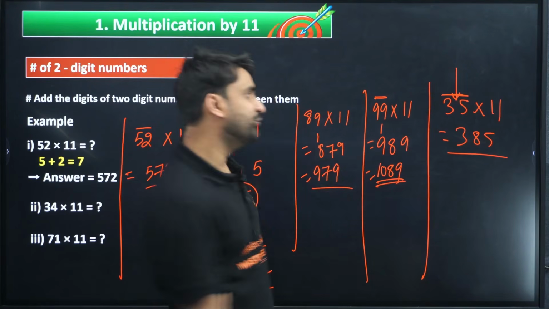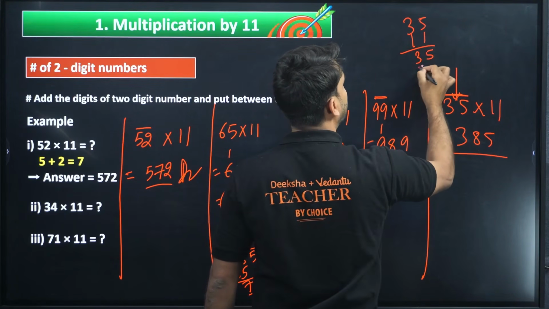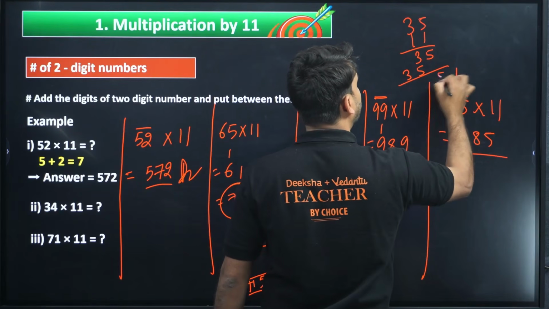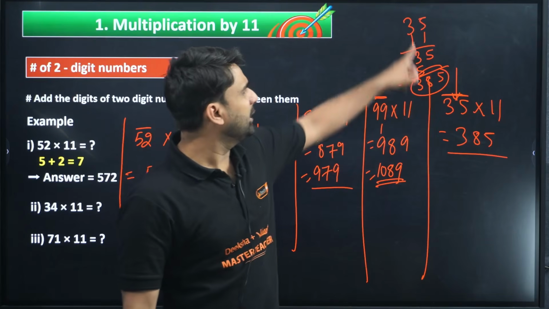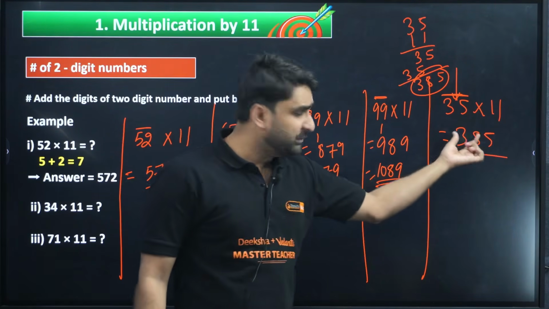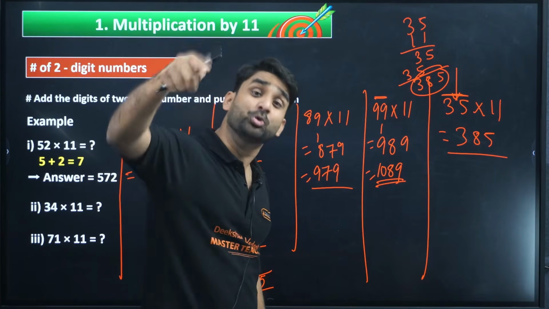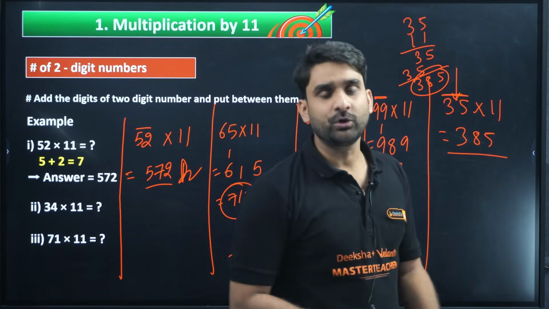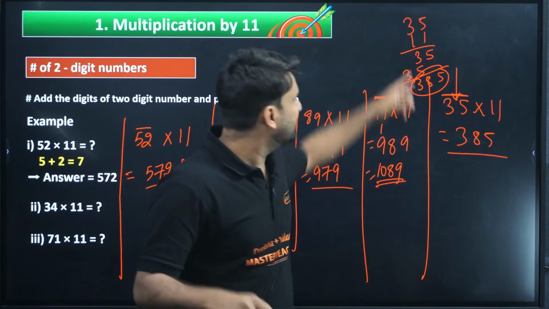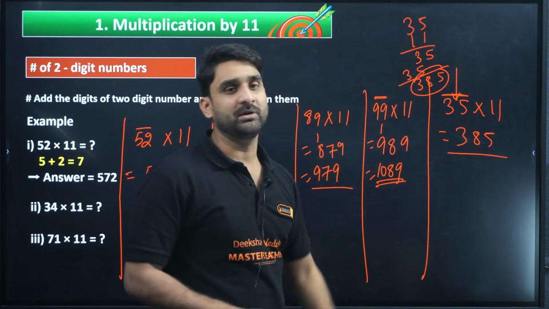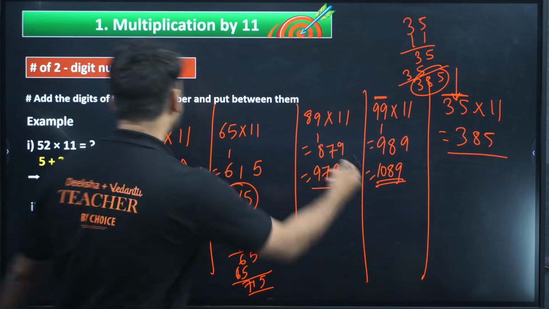We can verify 35 into 11 with the old method, but doing this will take 20 to 30 seconds, while by using this trick you can get the result in just 2 to 3 seconds, my dear. So your 20 to 40 seconds will be saved. A weak student generally will take 1 minute to solve this multiplication. They still don't know how to do multiplication. Yes, my dear.